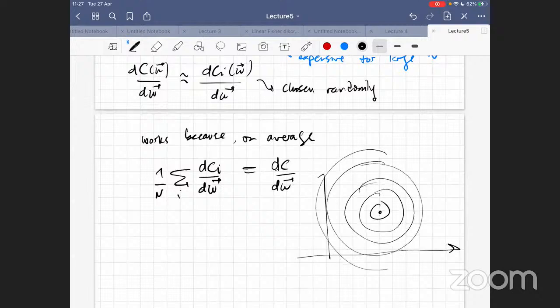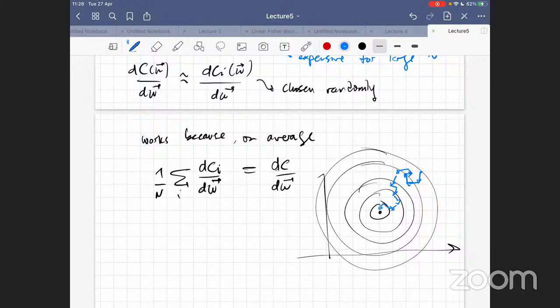So if I do the same drawing here, contours, etc., then what is happening with the stochastic gradient descent is that sometimes you go here, sometimes you go here, sometimes you even go backwards. But it turns out that on average it is converging.